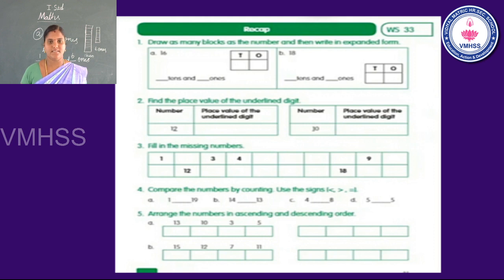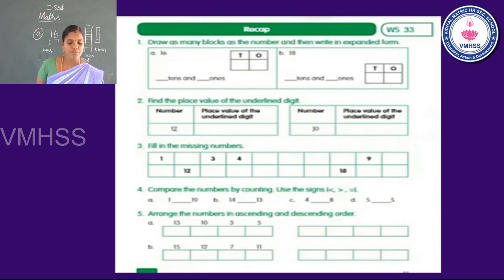Which one is the ones place? Yes, 8 is the ones place. 1 is the tens place. Okay? It's clear, students?